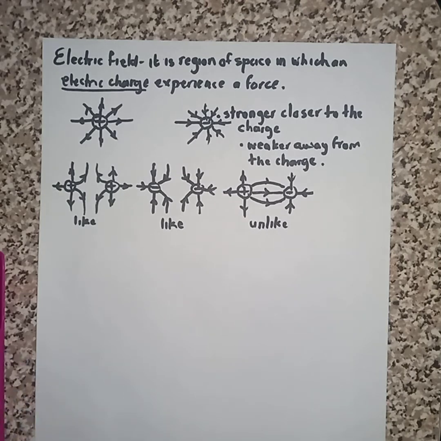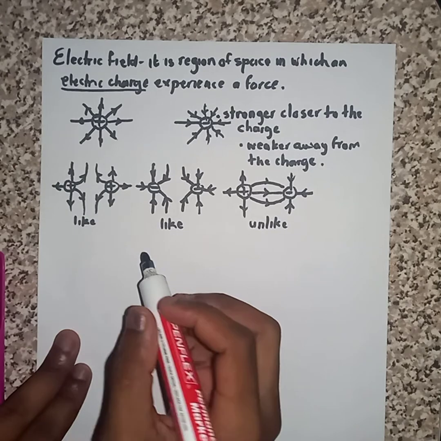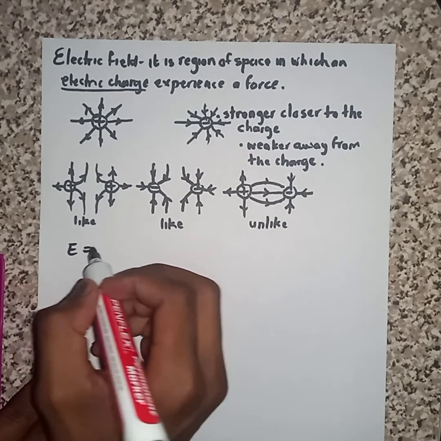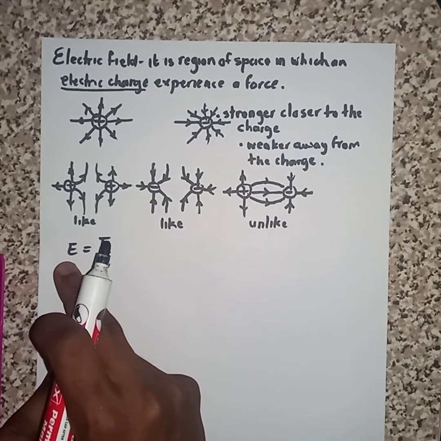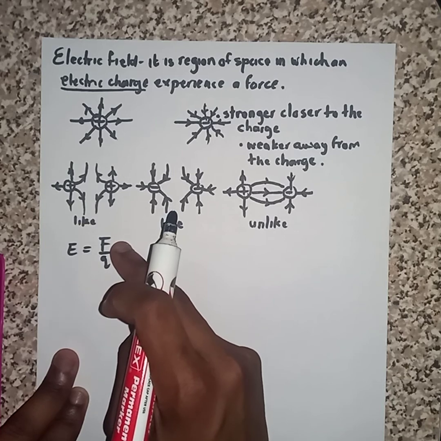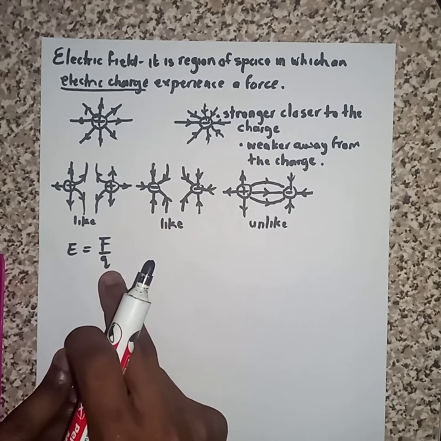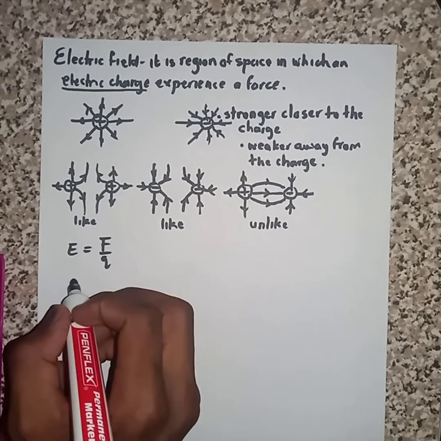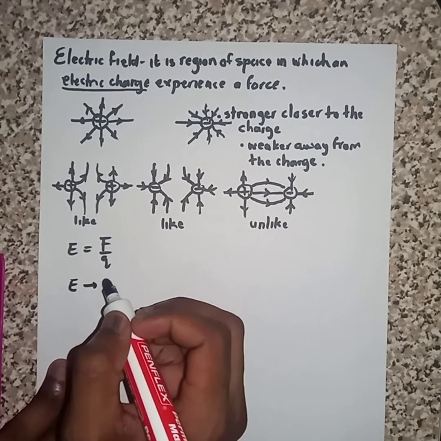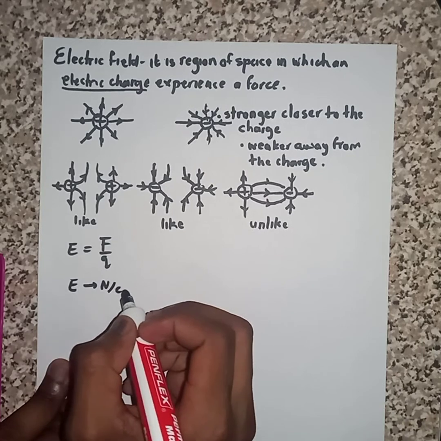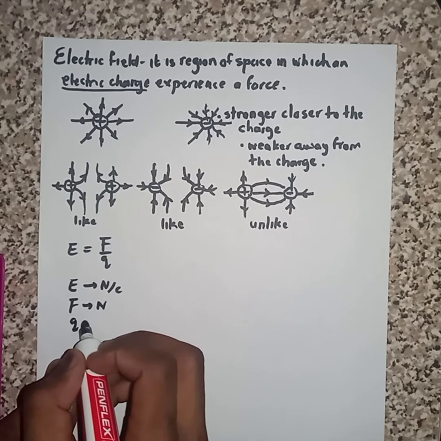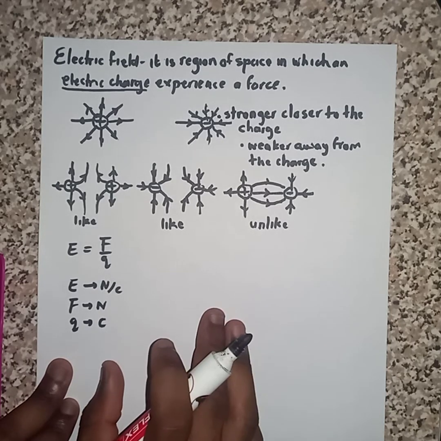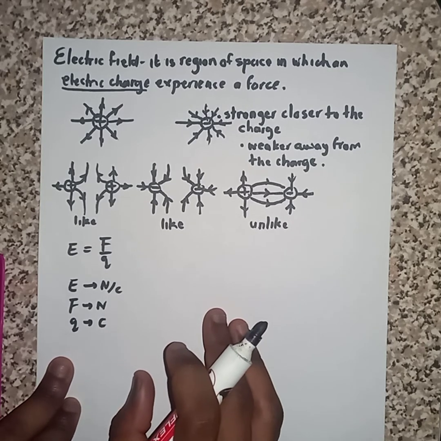Now let us move to the formula of electric field. It is so simple. We have E equals F over Q, whereby E is our electric field, F is the electrostatic force, then Q is the charge. Then E is measured in N per coulomb, force in newton, and Q, which is our charge, in coulomb.